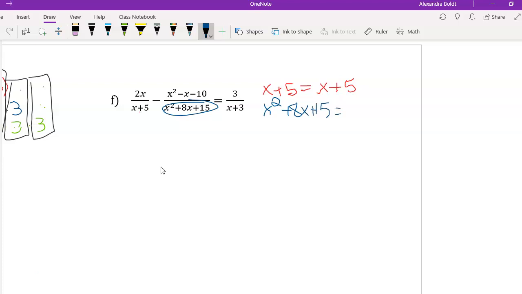If I'm looking for two numbers that add to 8, multiply to 15, that's going to be x plus 5 and x plus 3.